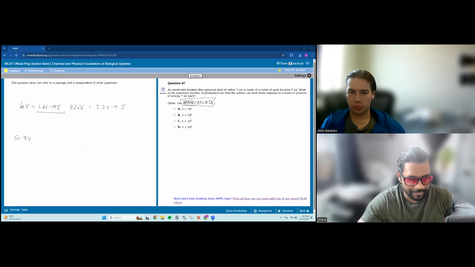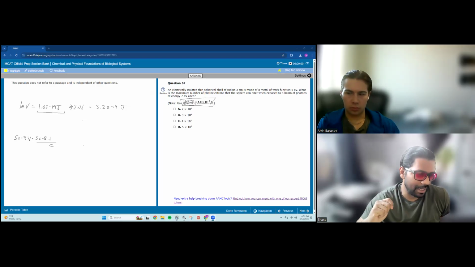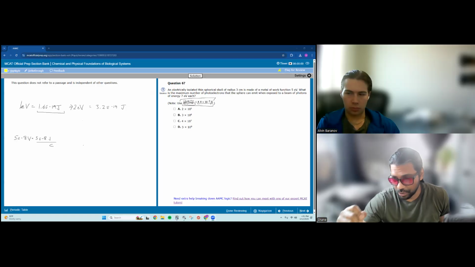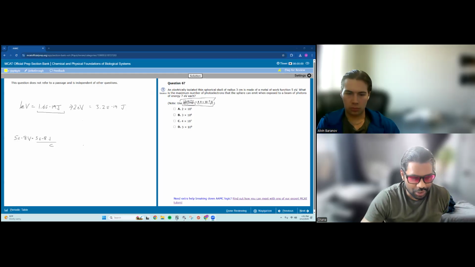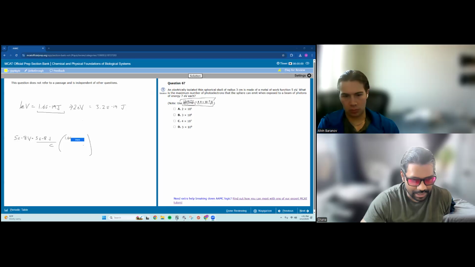And if you remember, a volt is joules per coulomb, right? So this is the same thing as joules per coulomb, which means to turn it into joules, I would multiply it by the charge in coulombs, right? And the charge in coulombs for a single electron is 1.6 E negative 19 coulombs per one electron.